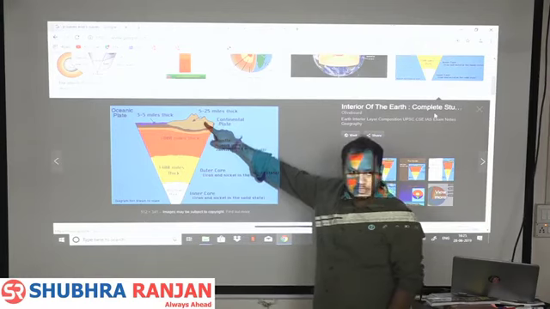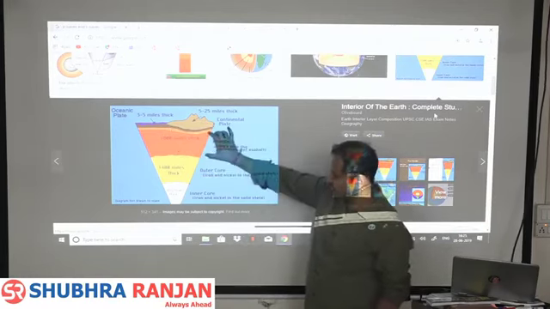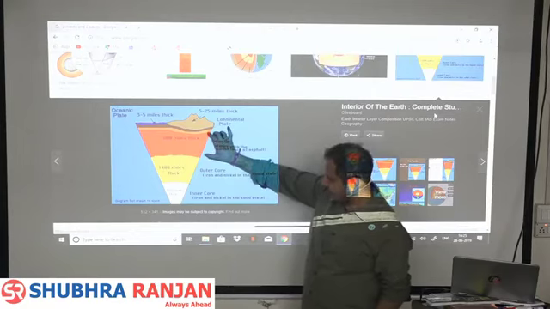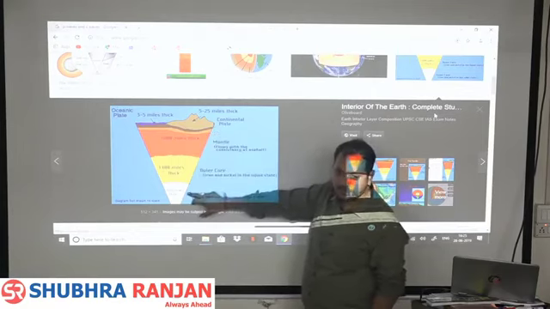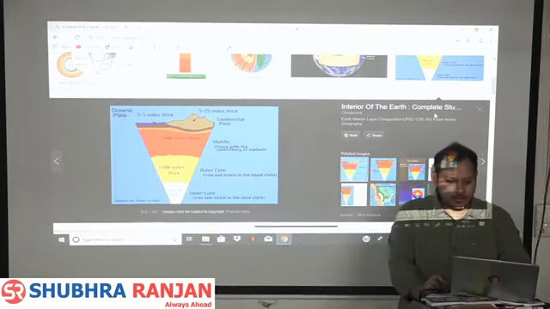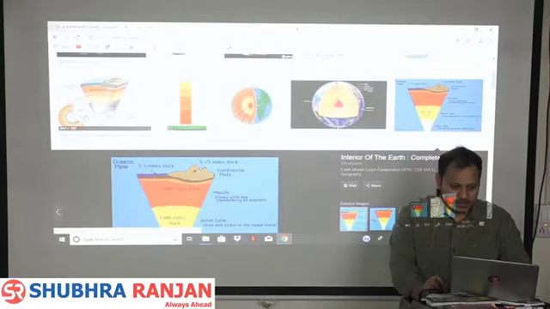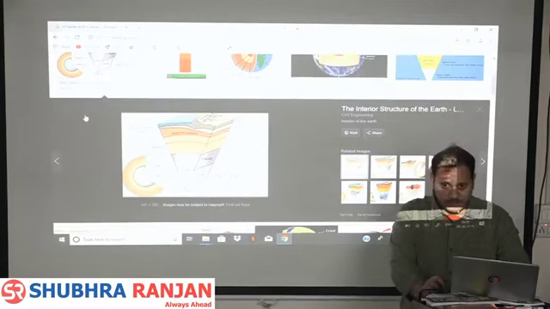This is the continental crust. This is the oceanic crust. This is the mantle. This is the outer core and this is the inner core. This diagram is already in your NCERT. Fine?